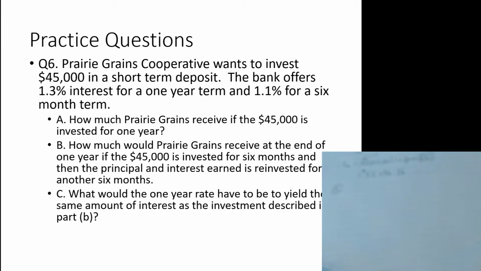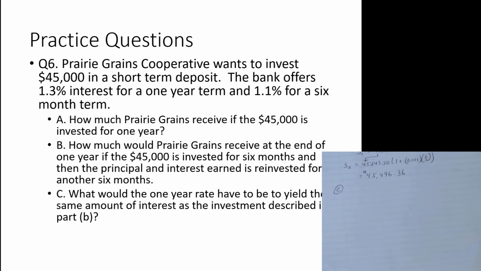Now C is a little bit more of an interesting one. Actually, B is pretty cool too, because you can see the sort of compounding without really calling it compounding. So what would the 1-year rate have to be to yield the same amount of interest? So we're talking about a dollar amount, as the investment described in B. How much interest did we get in B?